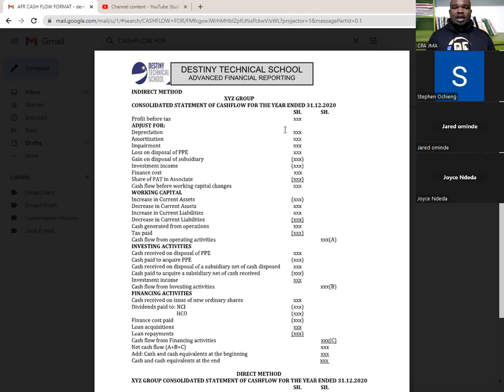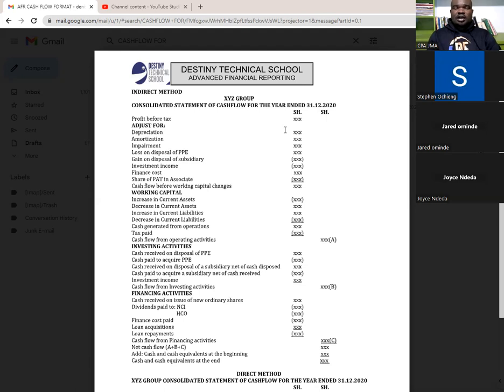And for the format, we have two methods of presentation: the indirect method and the direct method. We have to discuss all of them, and if possible, we need to do questions using the two formats, because at this level, you can be told strictly to use a particular method. So let's start with the indirect method.